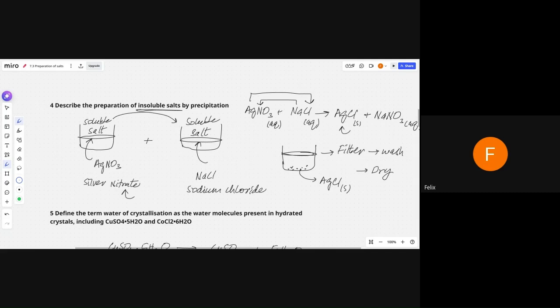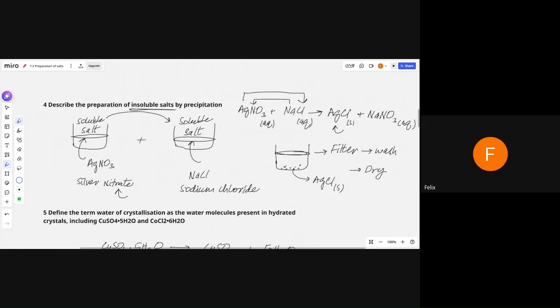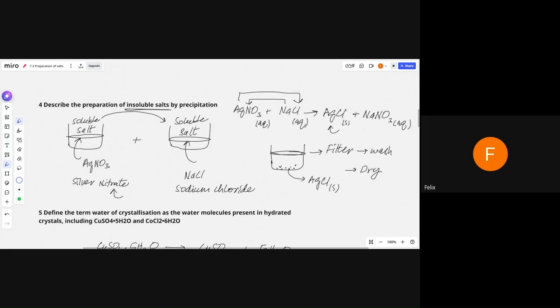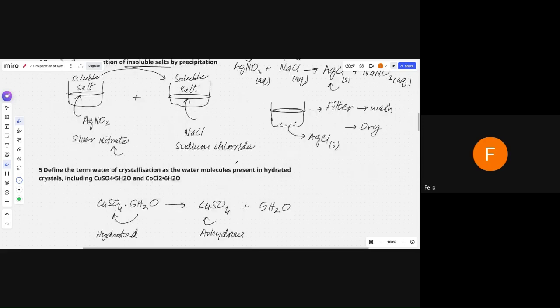We just need to filter it, wash it, and dry it. I hope this is clear. It will become even more clear in the next lesson, when we take a look at past paper questions, so you will understand what type of questions they ask on this topic.